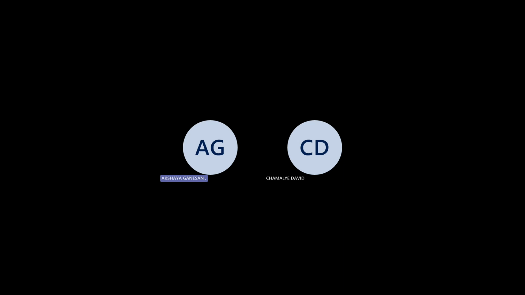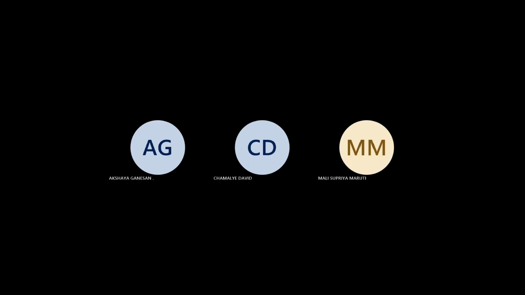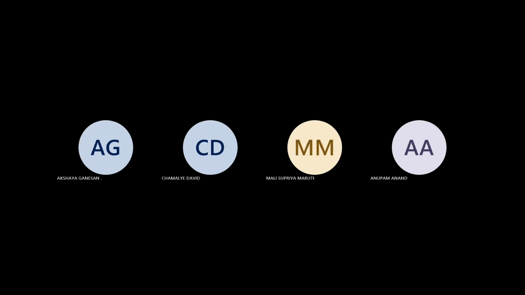This abstract data type has two parts. The first part is the declaration of data, and the other part is the declaration of operations. These are the two parts of an ADT, an abstract data type.